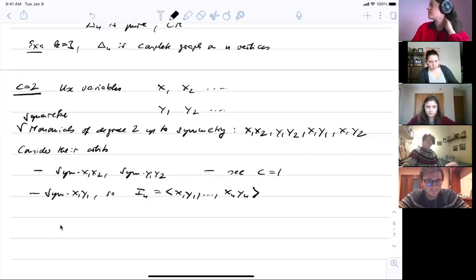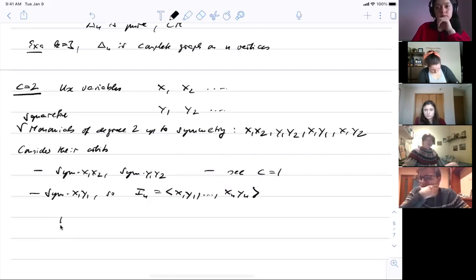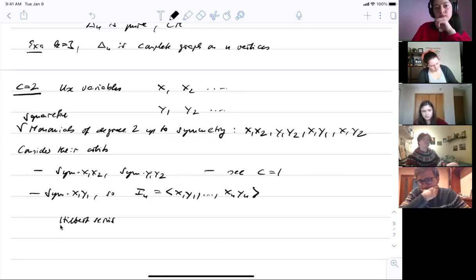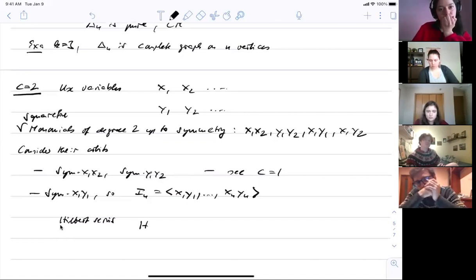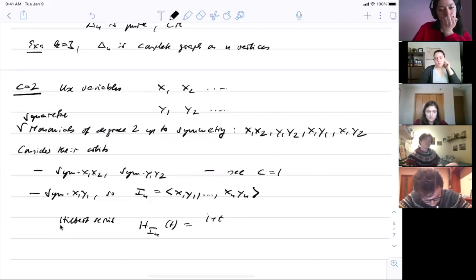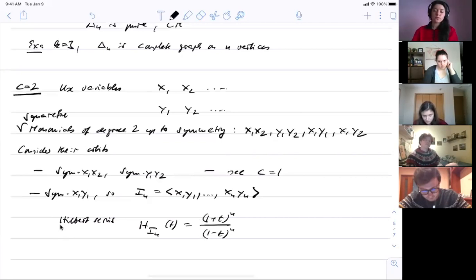And this is actually an idea where I described the Hilbert series already yesterday, because you could think of it as obtained from I1. It's just in the polynomial ring where you have only the first column of variables. And so we get that the Hilbert series is just 1 plus t to the power n over 1 minus t to the power n.